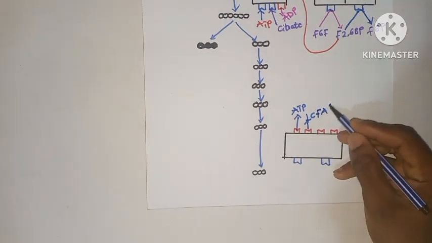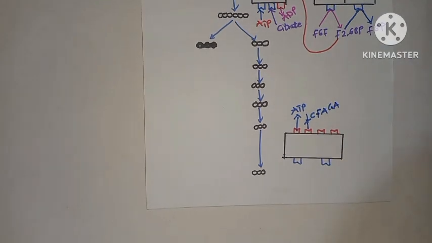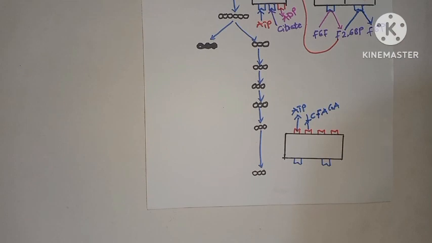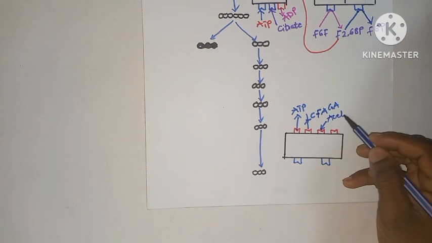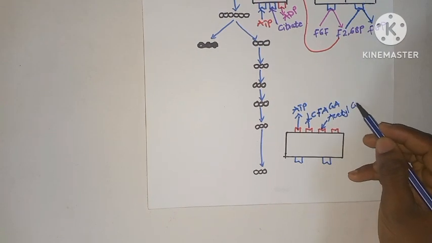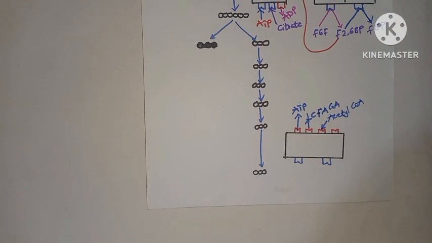Let me add CoA to it. I added the CoA because fatty acid has a CoA group attached to it. But when we have a lot of acetyl-CoA, this enzyme can also be inhibited. So let me write that one too: a lot of acetyl-CoA.